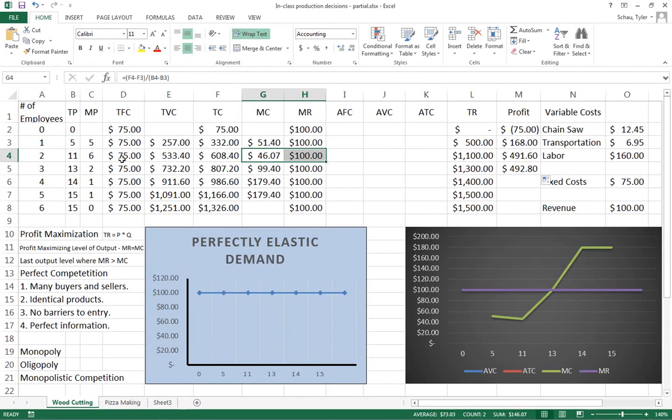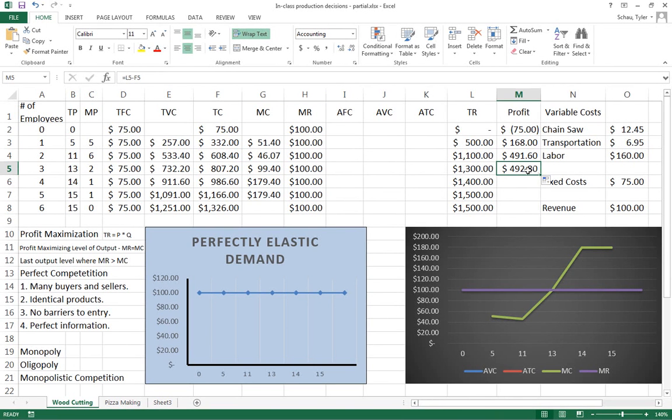But what you need to understand is when we measure marginal cost, when we calculated it, we were calculating it on these last 2 cords of firewood, not on all of them, just these 2. And these 2 cost us $99.40 to produce, and we can sell them for $100. So we get to keep the profits from these levels of production, and then we get to add in the profits from this level of production.